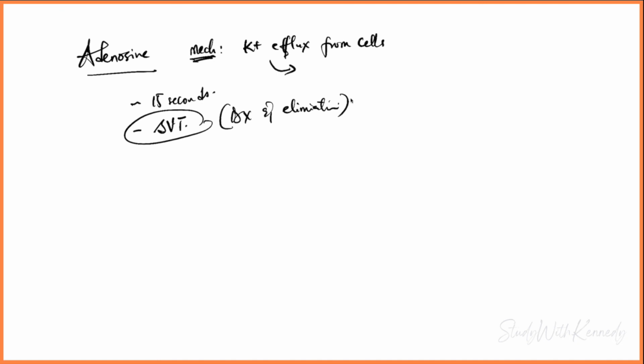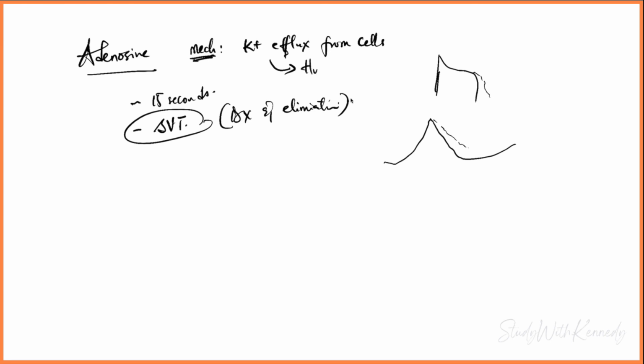And if you remember those waves we were talking about, whether you're considering the myocardial action potential or the SA node, AV node action potential, whenever there's potassium efflux, we affect the repolarization area the most.